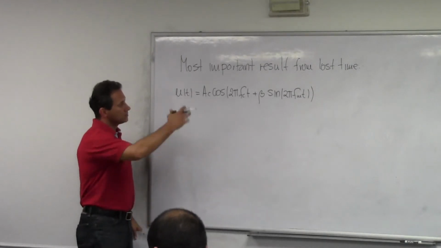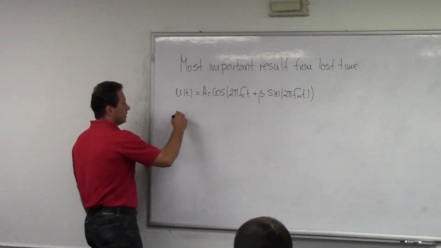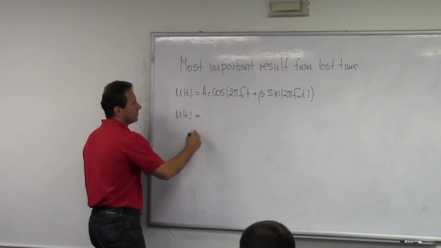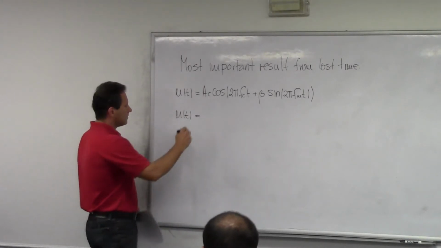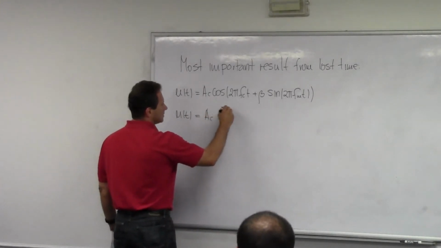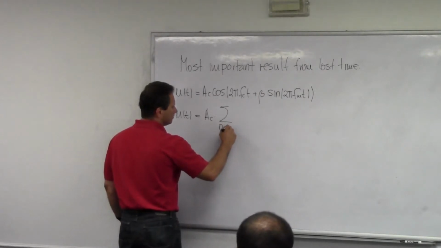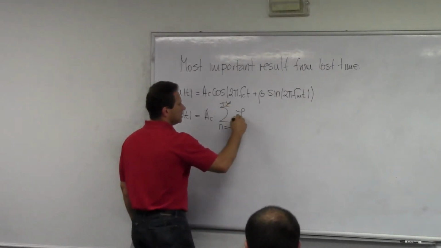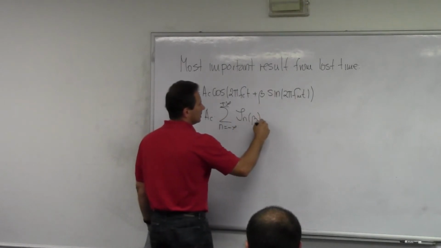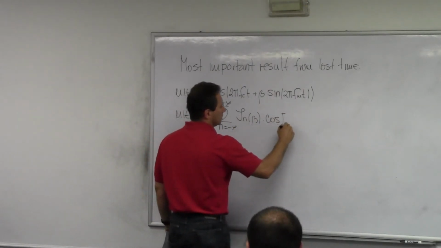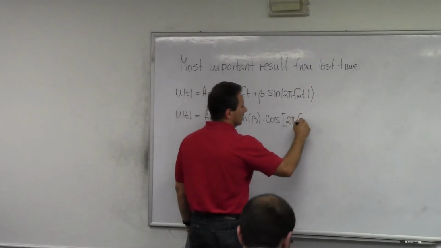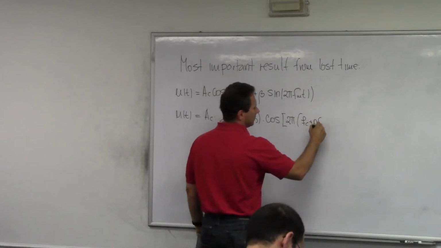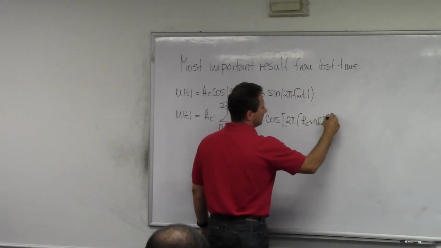Then we did some math last time and showed that this signal can be decomposed as A_c times the sum, n going from minus infinity to plus infinity, of J_n(β) cosine(2π(f_c + n f_m)t).